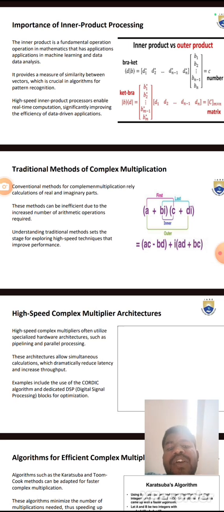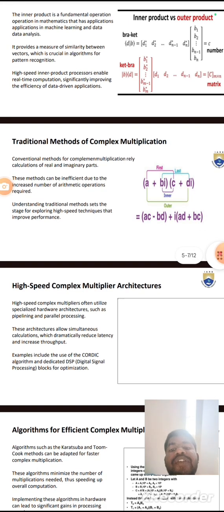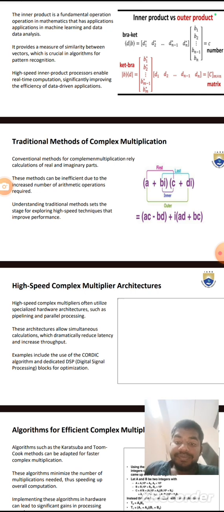Traditional methods of complex multiplication. Conventional methods for complex multiplication rely on separate calculations for real and imaginary parts. These methods can be inefficient due to the increased number of arithmetic operations required.